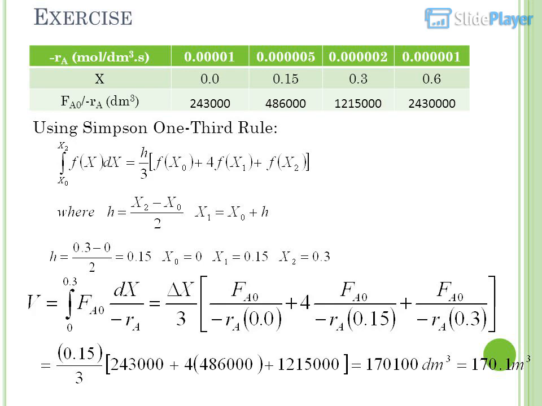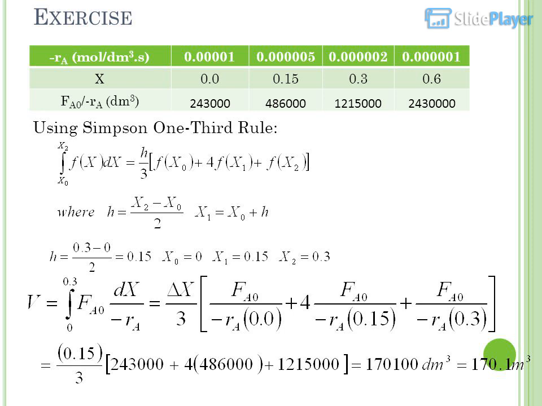Ra in mol/dm3.s: 0.00001, 0.00005, 0.00002, 0.00001 at X of 0.0, 0.15, 0.3, 0.6.